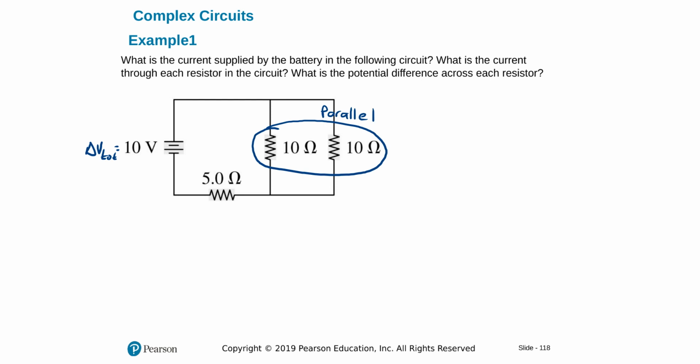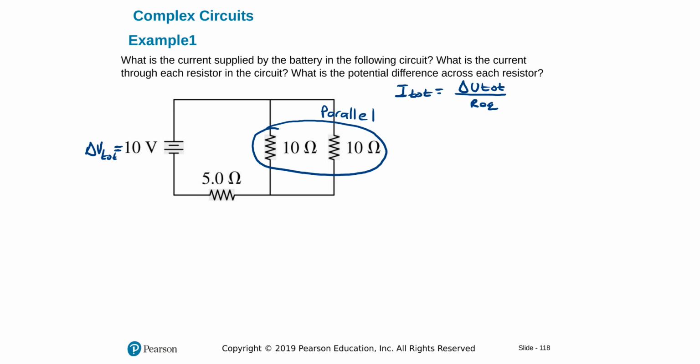What is the total current? Let's find that first. I total is equal to ΔV total over R equivalent. I know ΔV total, I have to find R equivalent. For that I start with the part I can see.